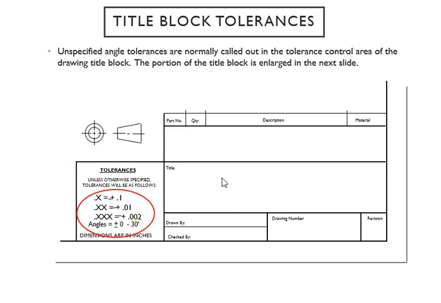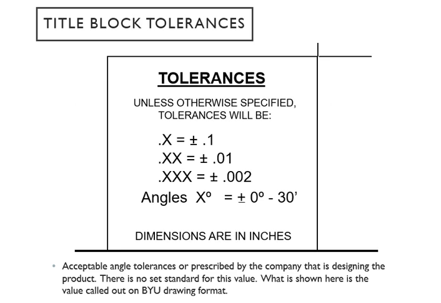Where is it? It is in the title block. Where is the title block? In your engineering drawing, in the tolerance portion, which is the tolerance block or box, you can call it. Now we're going to make it really big so you can see it. You're dealing with inches for this drawing.